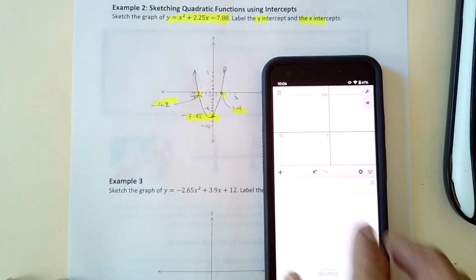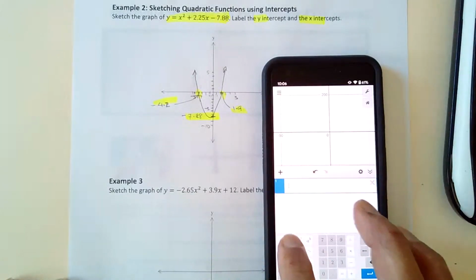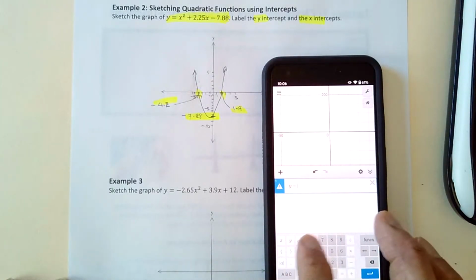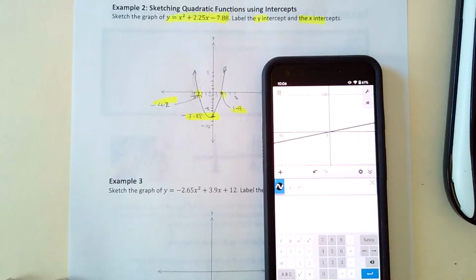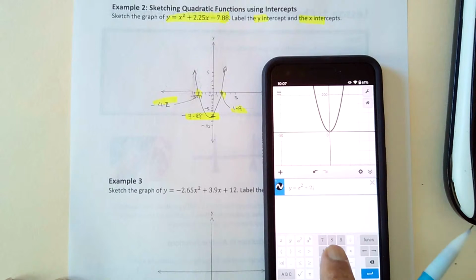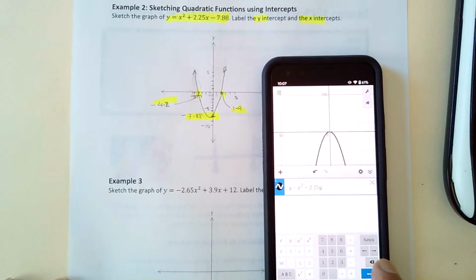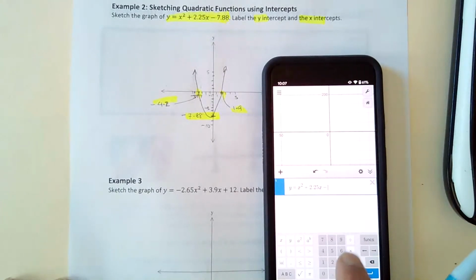And so we go y equals, now x squared, x, and this is your power button there, which is a to the power 2 here. Plus 2.25x, minus 7.88.